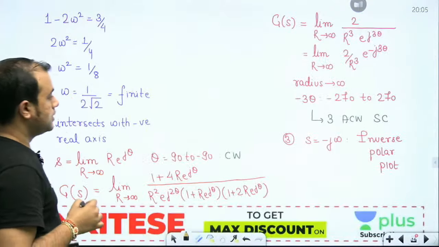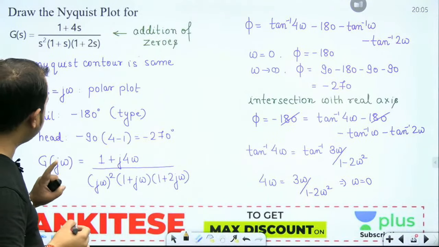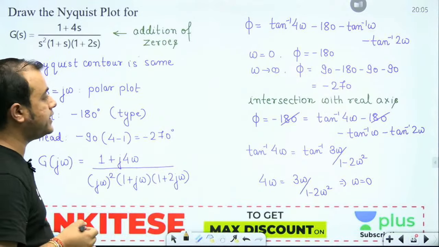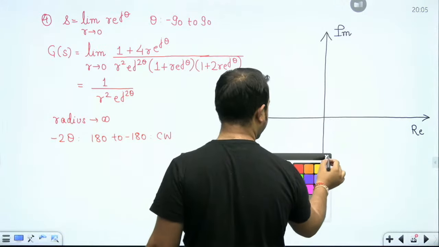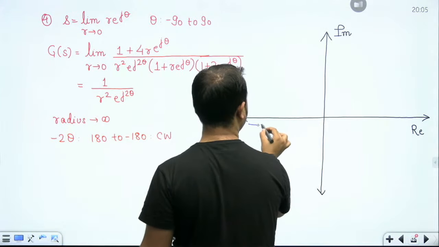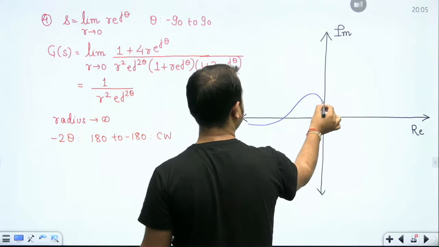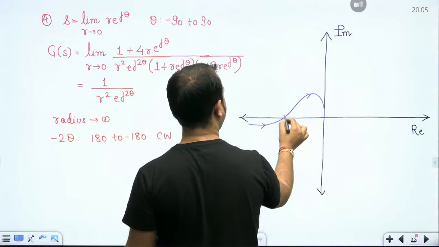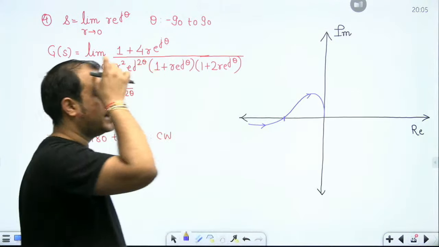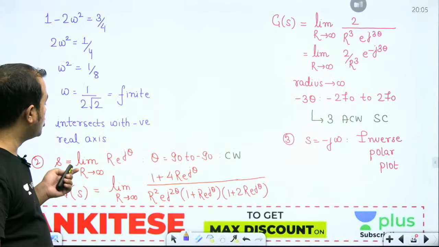Okay. Now see, the head of the polar plot is at minus 270, tail is at minus 180. So tail is at minus 180, and head is at minus 270, like this. And it is intersecting at omega equal to 1 by 2 root 2.